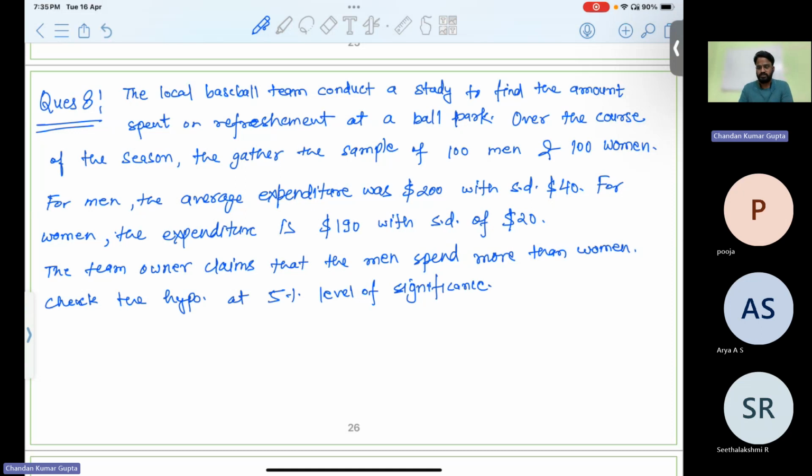Again, this is a two sample problem. So we have either unknown or known sample variance and population variance. Assume the population variances are unequal and unknown.